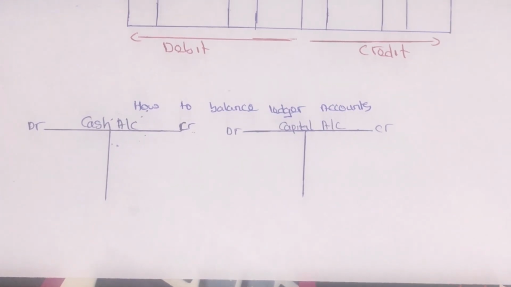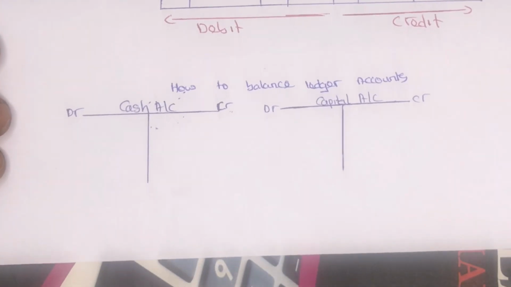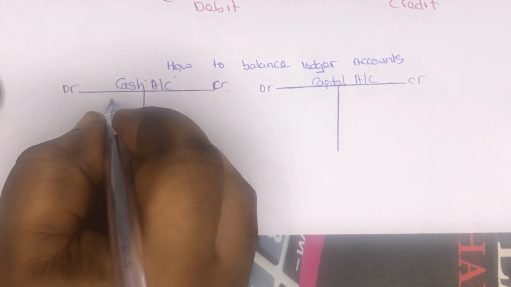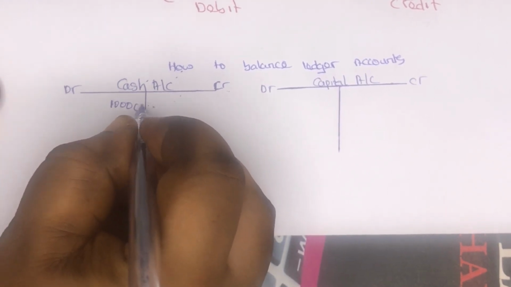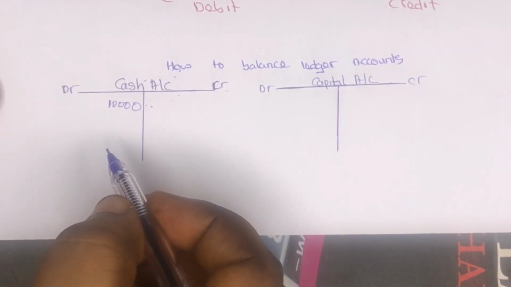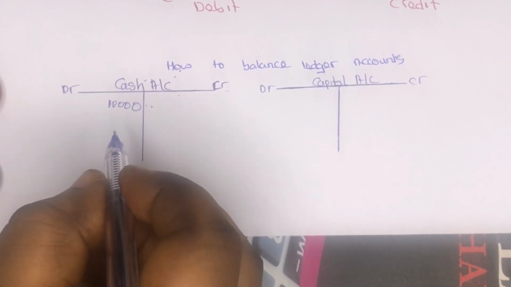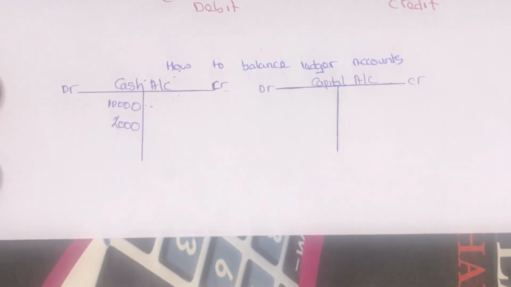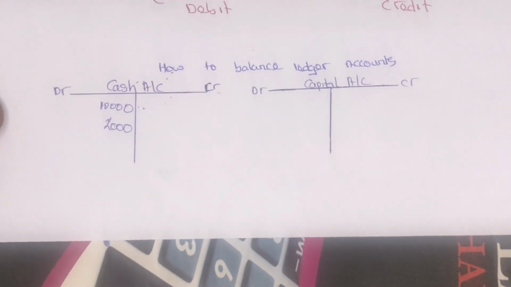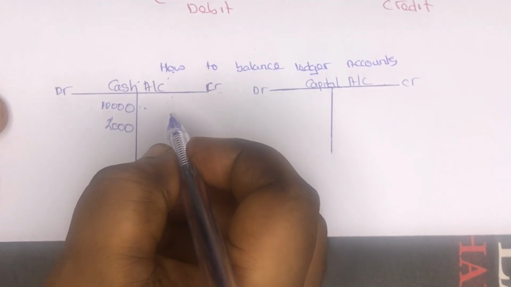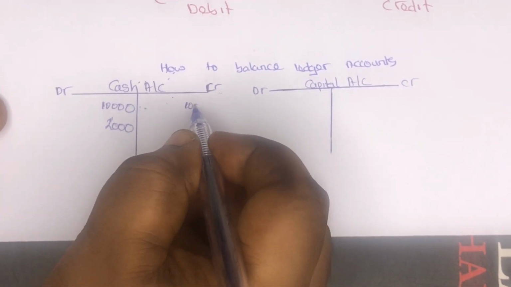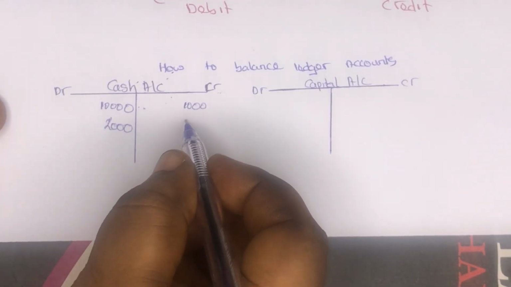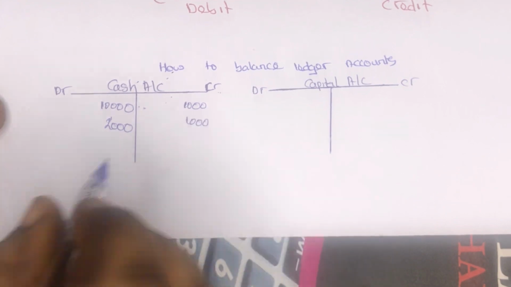So let's assume, for instance, we receive cash of let me say $10,000, and then we also make some sales for say $2,000, and then we pay rent, say for $1,000, and we also paid electricity for $1,000.